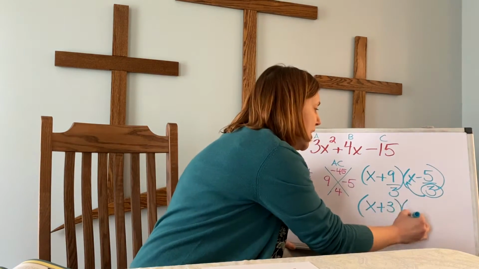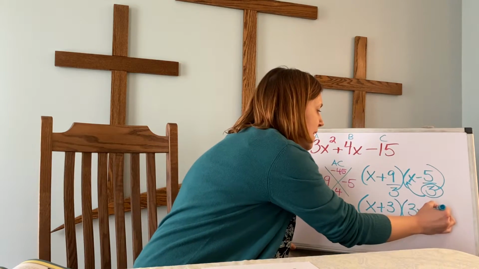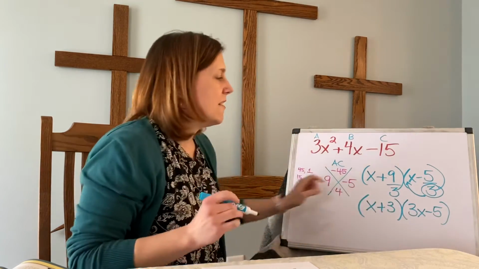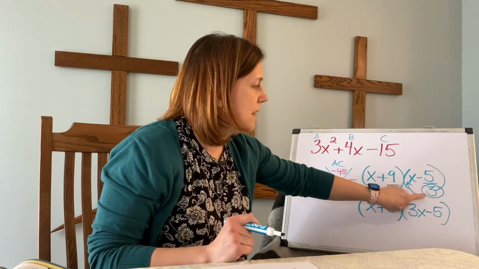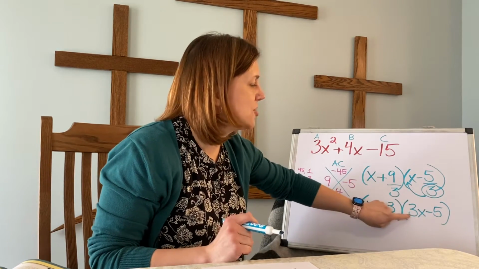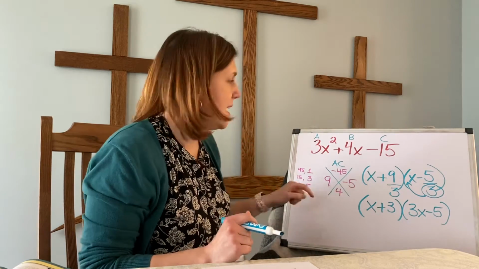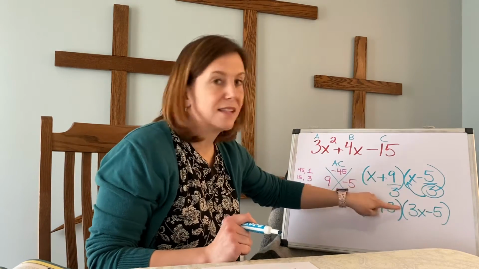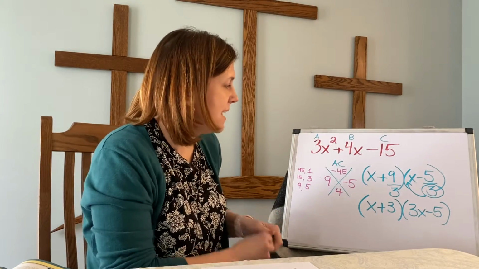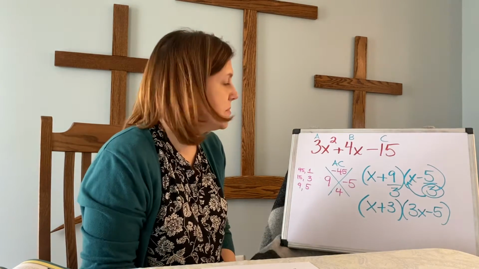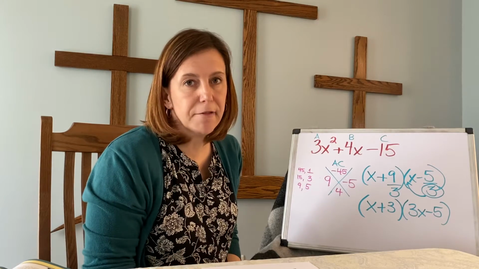It becomes my coefficient. So in the case of a fraction that cannot be reduced or simplified into a whole number, that denominator slides to in front of my variable. Divide and slide. So my answer to this problem is x plus 3 times the quantity 3x minus 5.